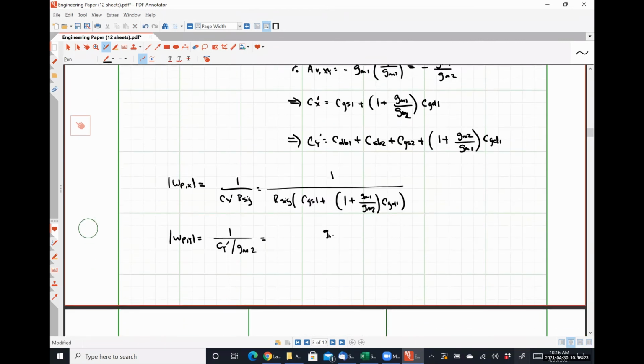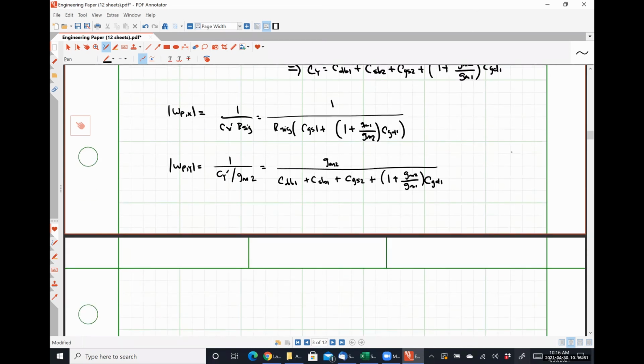So it's going to look like GM2 divided by CDB1 plus CSB1 plus CGS2 plus 1 plus GM2 over GM1 CGD1.